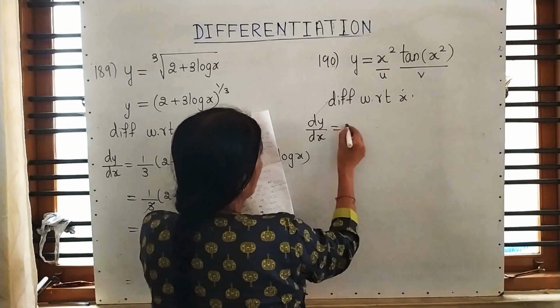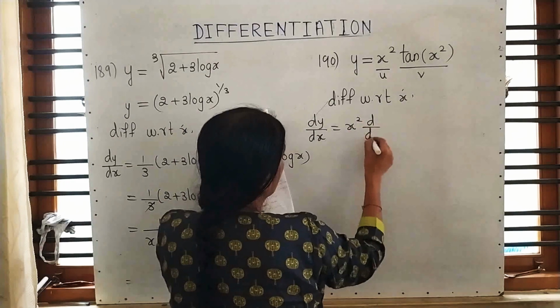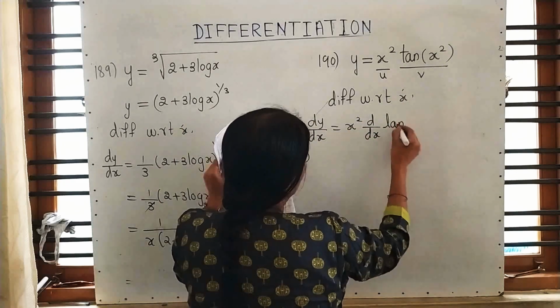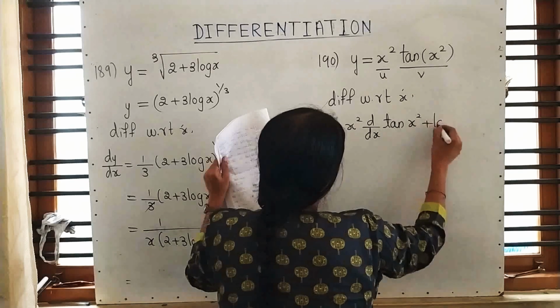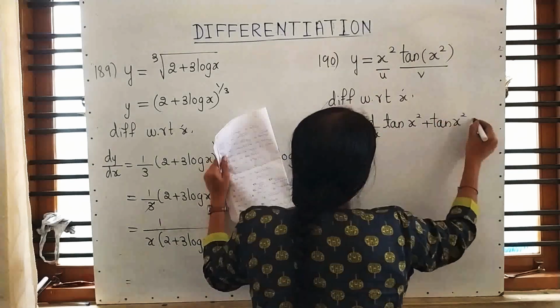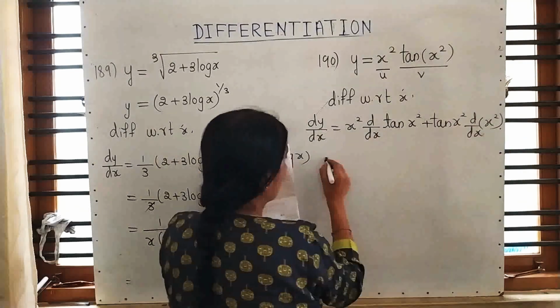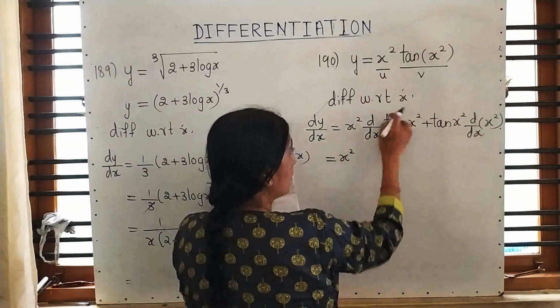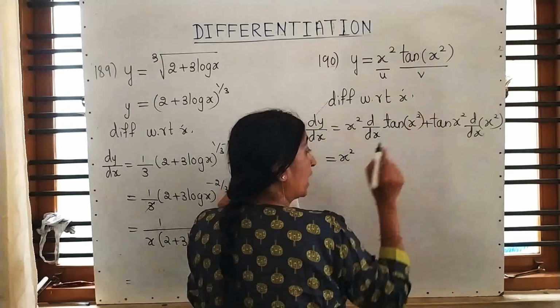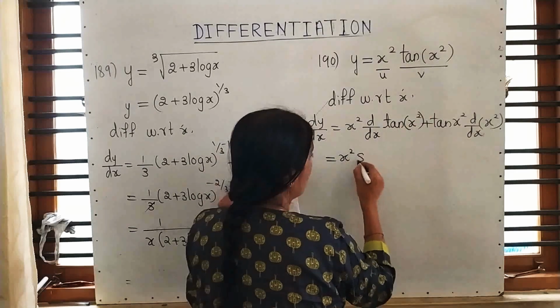First we have to apply u into v. Before differentiation, keep as this. There is no power. Power is for angle, remember. Directly trigonometric term.